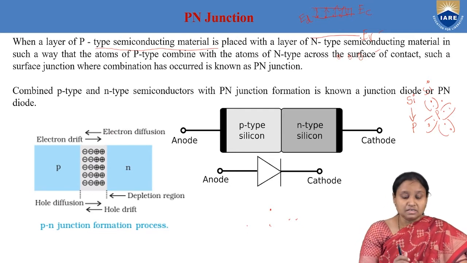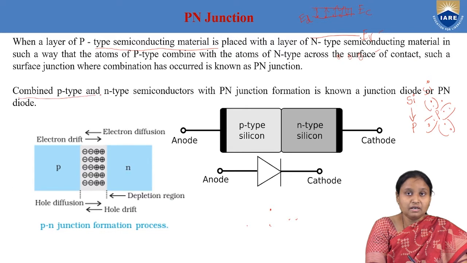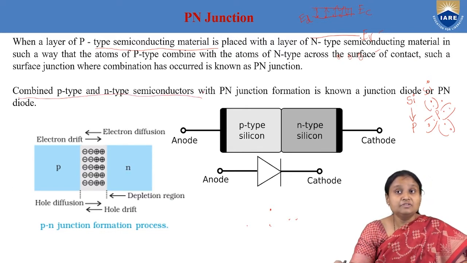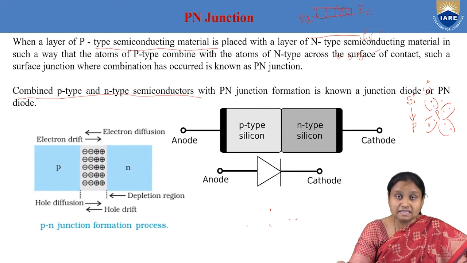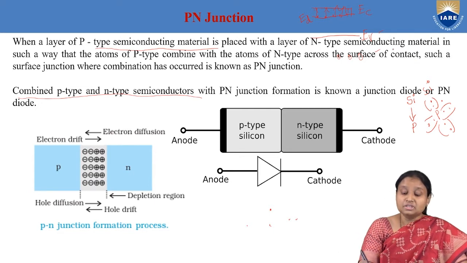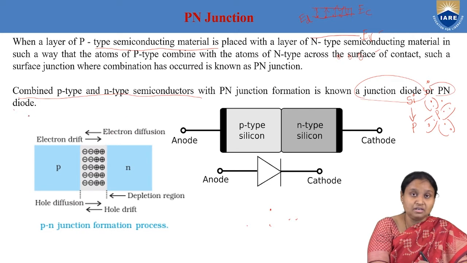So once we combine p-type and n-type semiconductors, there is a formation of p-n junction, and this is called a junction diode, or simply a p-n diode.